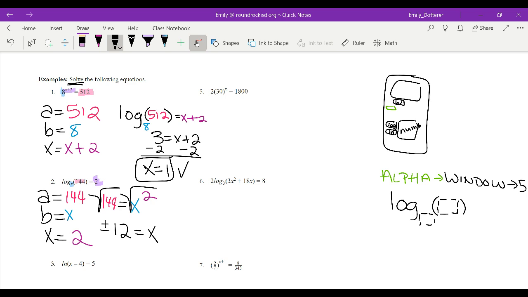However, because we can't have a negative base, our only solution is going to be positive 12. So negative 12 is extraneous.